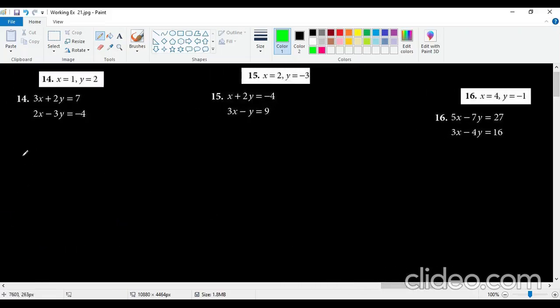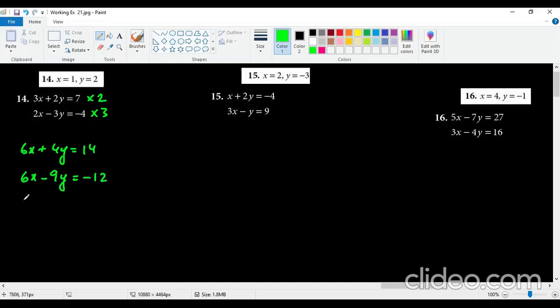This says that 3x plus 2y equals 7 and 2x minus 3y equals negative 4. So I am multiplying this equation by 2 and this equation by 3. So this is giving us 6x plus 4y equals 14, and this gives us 6x minus 9y equals minus 12.